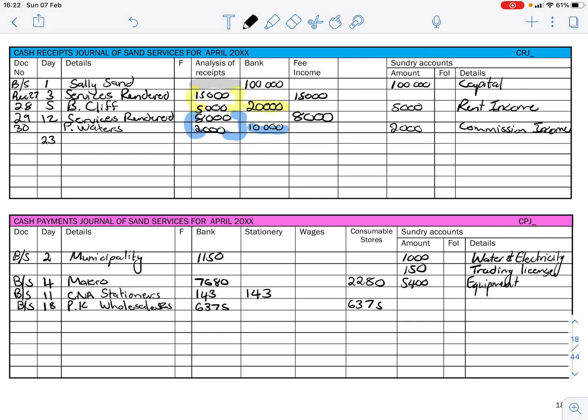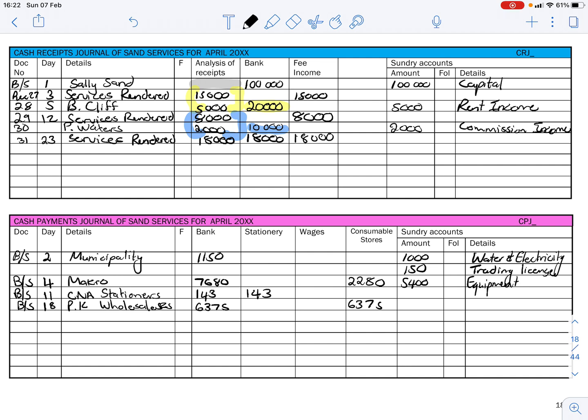On the 23rd, our cash takings amounted to 18,000 Rand. We would use receipt number 31. Cash takings as services rendered. Alright. Our amount is 18,000 Rand. It is the only transaction on that day. So we have 18,000 Rand under bank and 18,000 Rand under fee income.